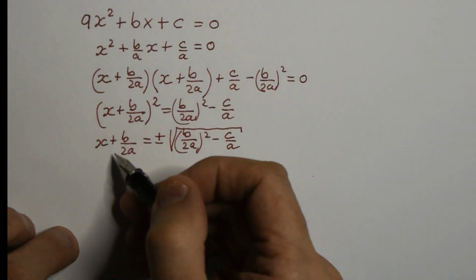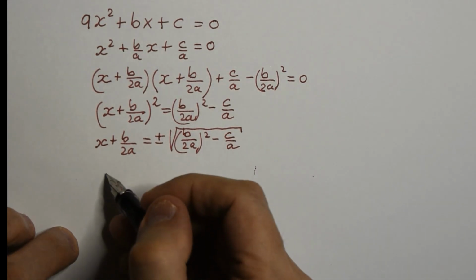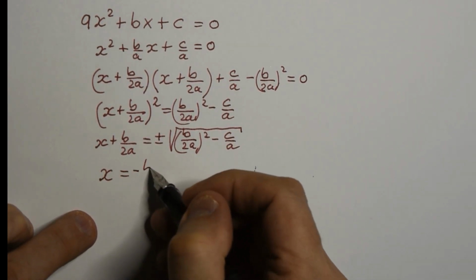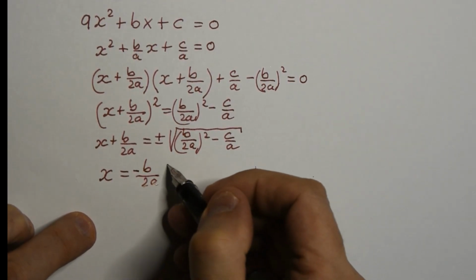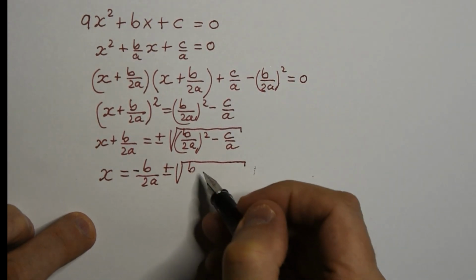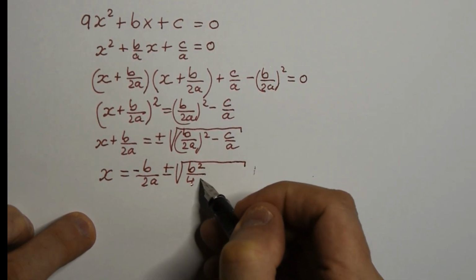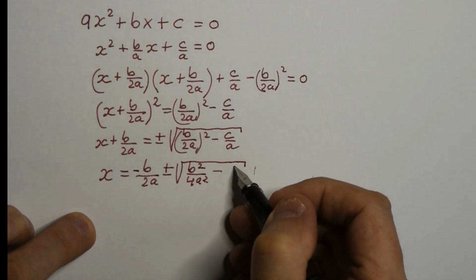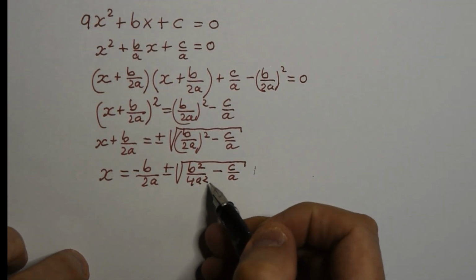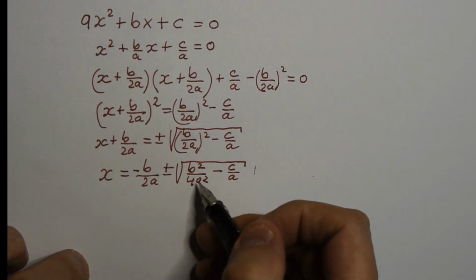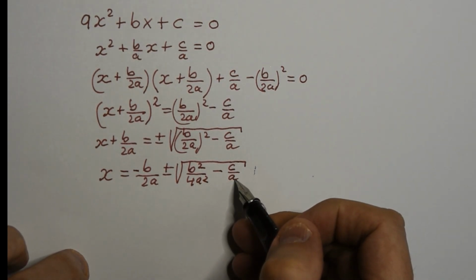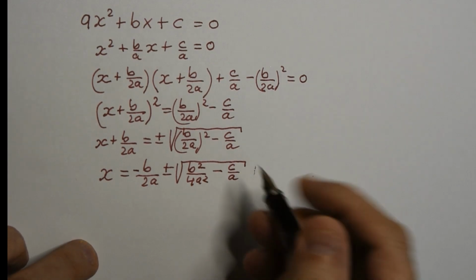And now we're going to take b over 2a to the other side. So we get x equals minus b over 2a plus minus the square root of b squared over 4a squared minus c over a. And now we're going to take out the 4a squared, and we do this by multiplying this with 4a and dividing it by 4a, right?